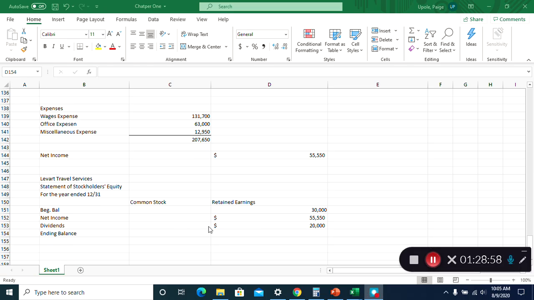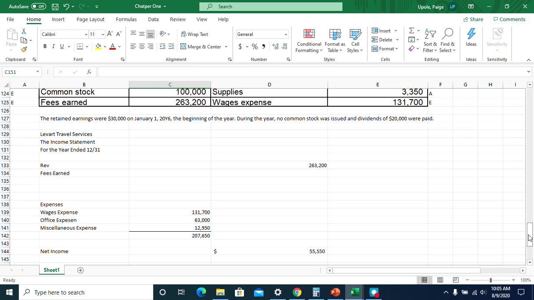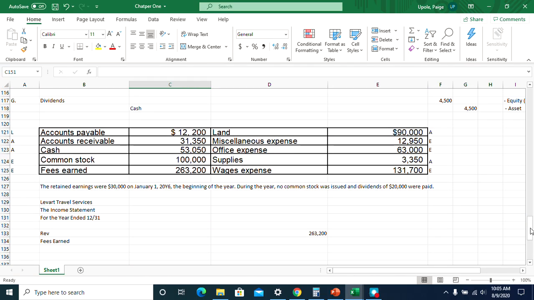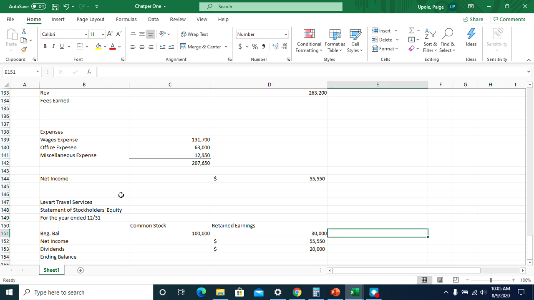So I know my common stock didn't have any activity during the year, but we do have a balance in it, right? Because up here we see common stock 100,000. So I'll go ahead and put that in here. And then I'm just going to make a totals column.